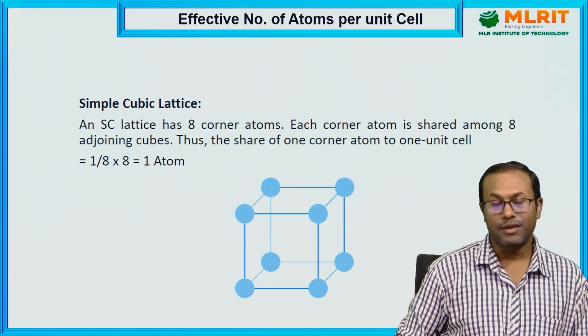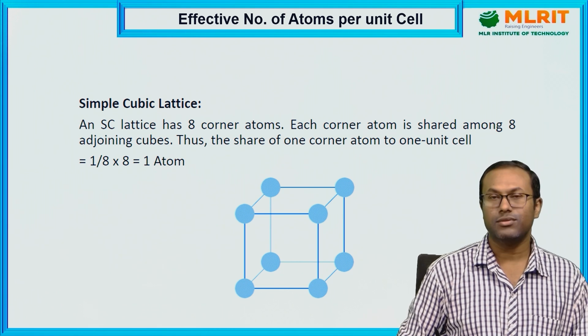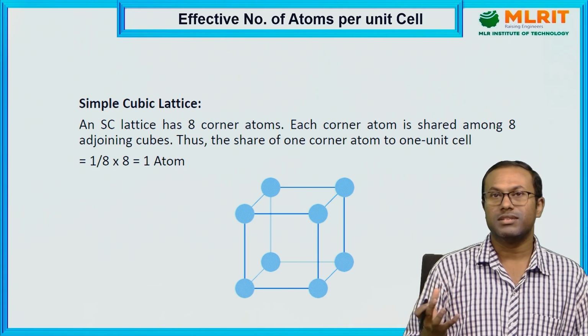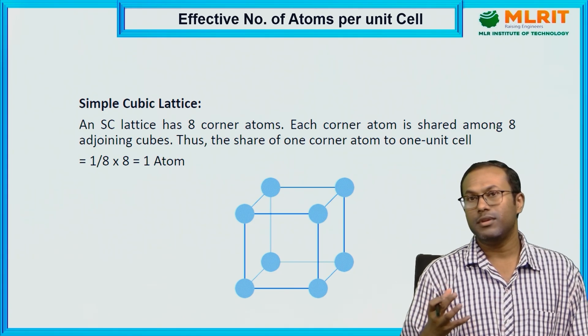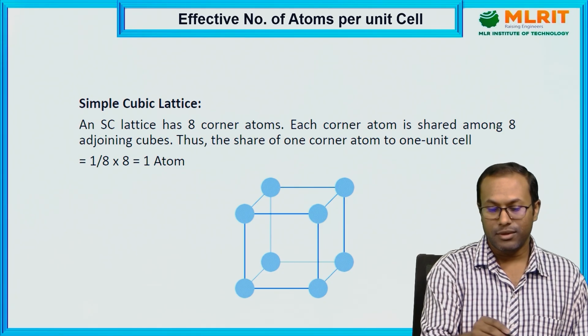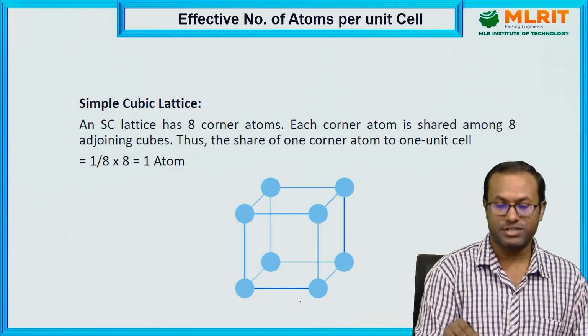Now come to the effective number of atoms per unit cell. We already discussed what a unit cell is. It is the fundamental building block of a crystal structure. If we repeat it in all directions, we get the entire crystal structure. This is the unit cell of a simple cubic structure.